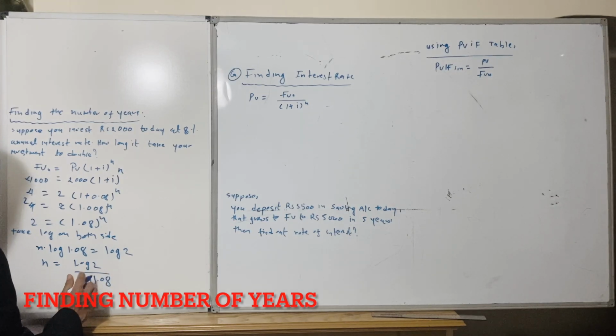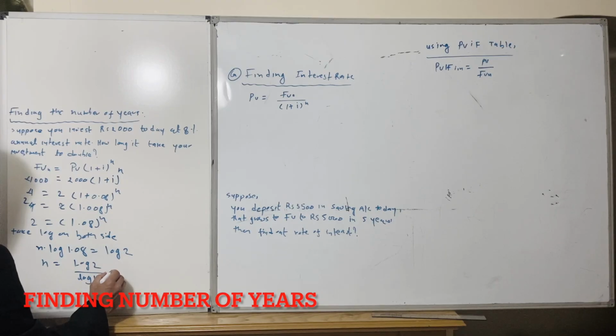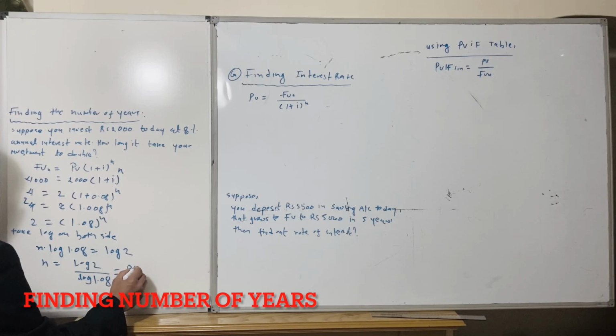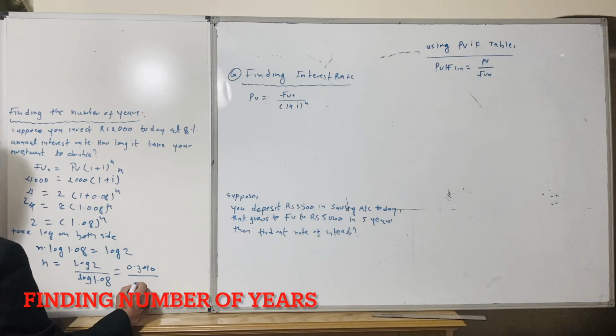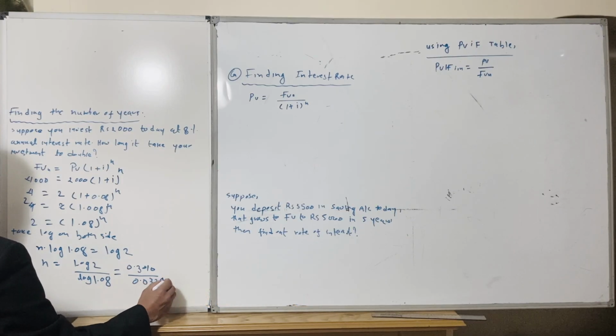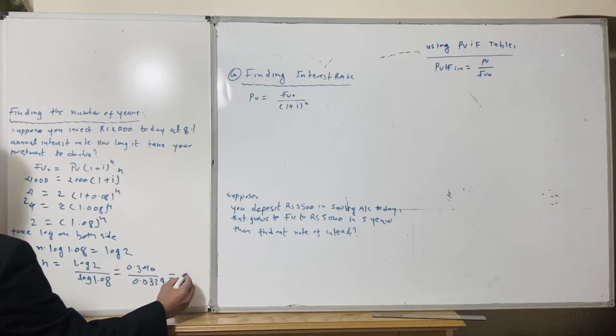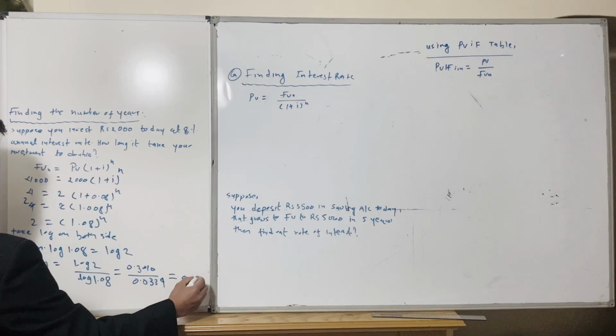If we calculate log 2 and log 1.08 in our calculator, we get 0.3010 divided by 0.0334. In this way, we get 9.01 years.